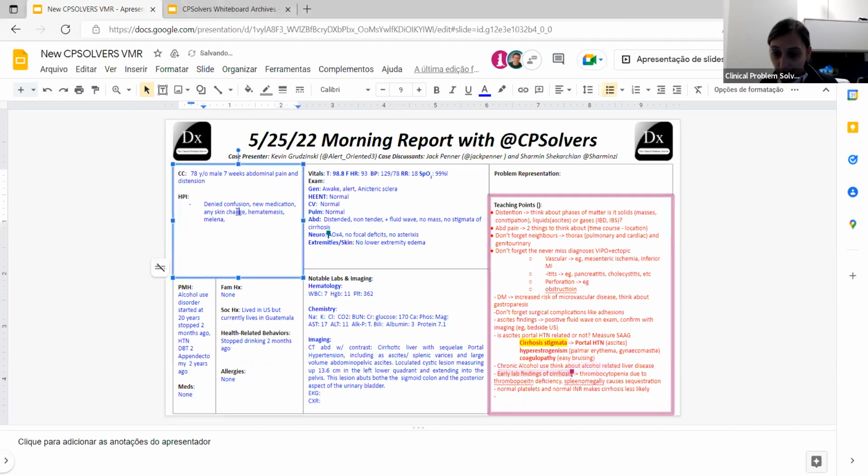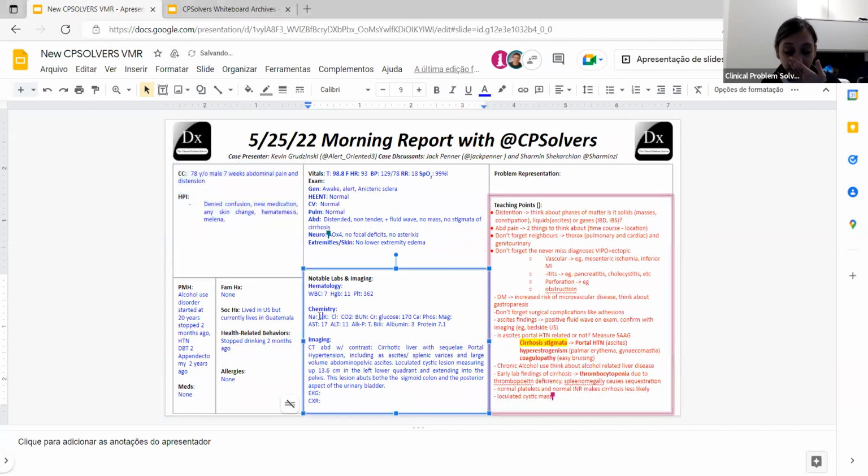We have a loculated cystic mass that is quite big, that is extending to the pelvis. So the question becomes, okay, what is this mass? And is the ascites related to this mass? Or again, it's not. As Jack beautifully mentioned, with the varices, there is some portal hypertension going on.